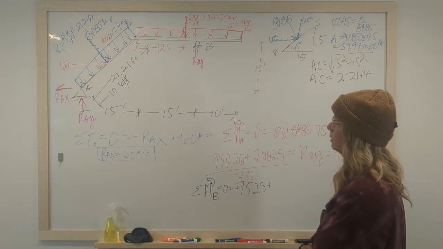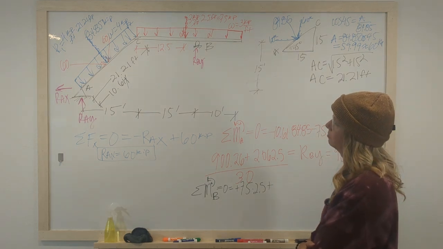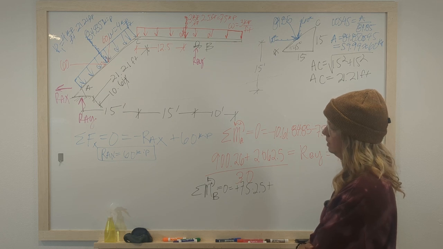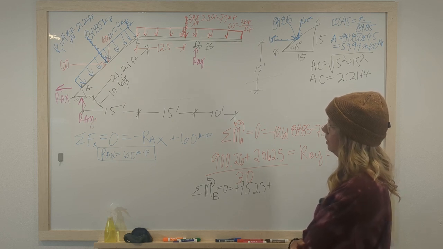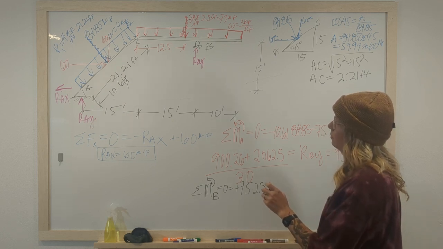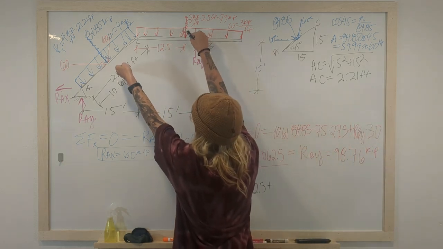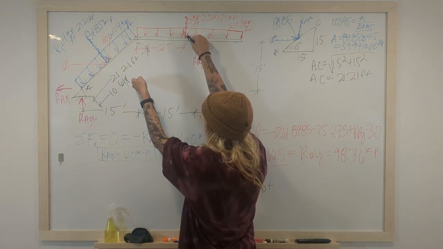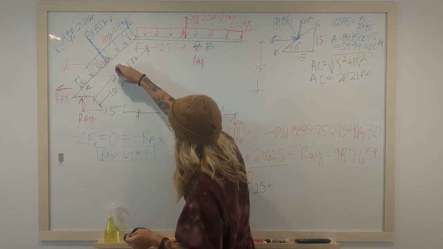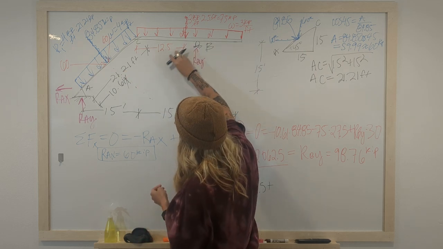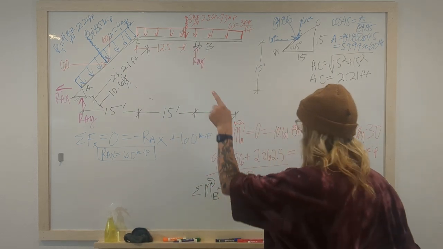You don't necessarily have a perpendicular distance staring at you for this one. This perpendicular distance would be this distance right here, if you extended this down. You have to do some trig to figure this out, so I'm glad we have those broken up.